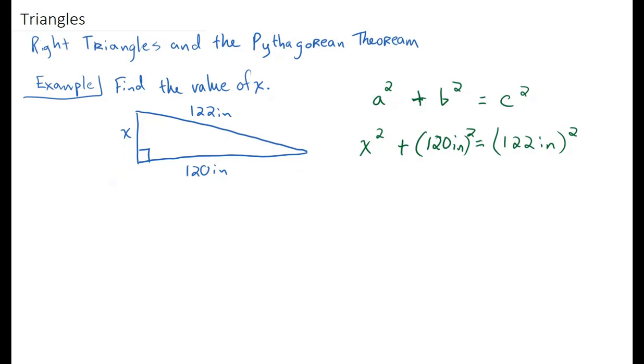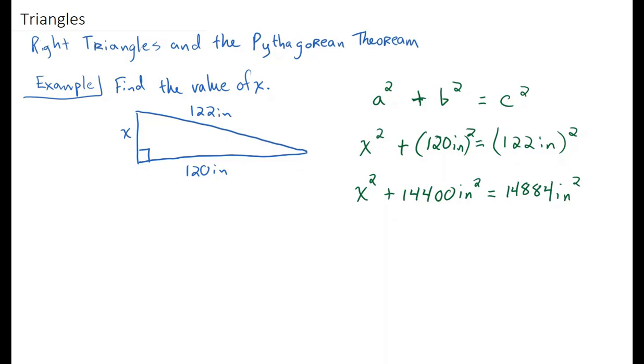And then we're solving this equation. So we have x squared plus 120 inches squared, I gave myself some fun numbers to square, equals 14,400 inches squared plus x squared equals 14,884 inches squared. So I just squared both of those and then applied the square to the unit.